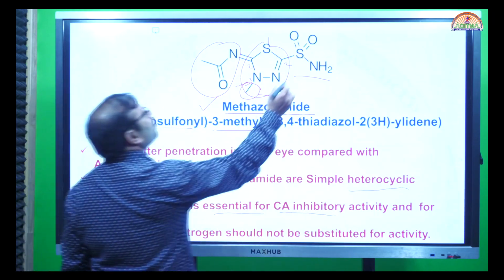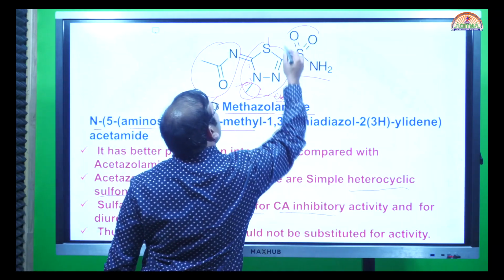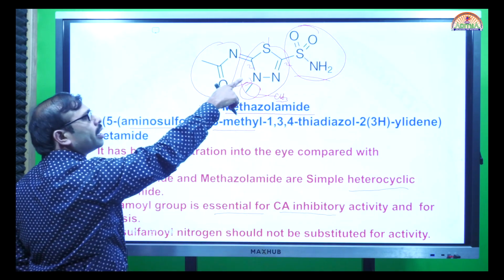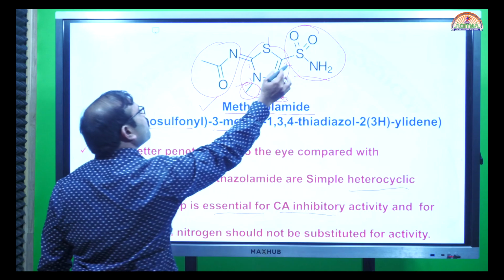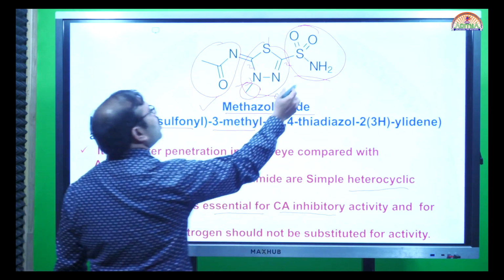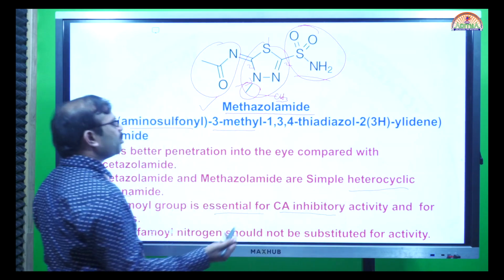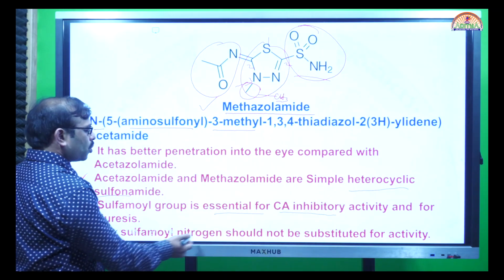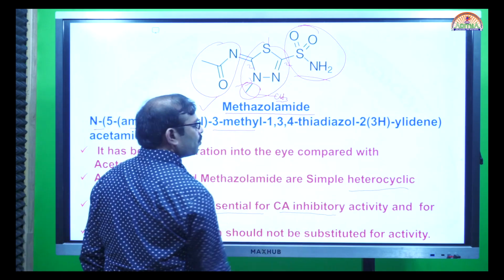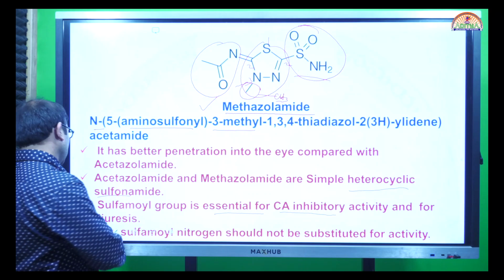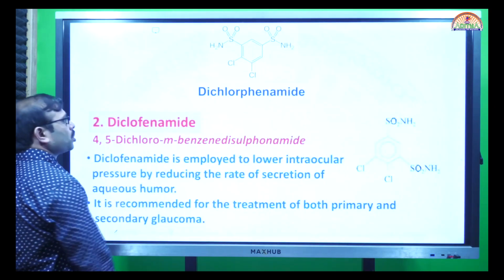It is the important moiety involved in carbonic anhydrase inhibition, and the sulfonamide must not be substituted. If you substitute the free amine, the activity will be reduced. The sulfonyl nitrogen should not be substituted for activity. That is how we need to keep these molecules in mind.